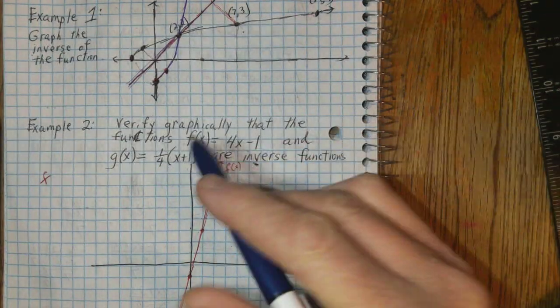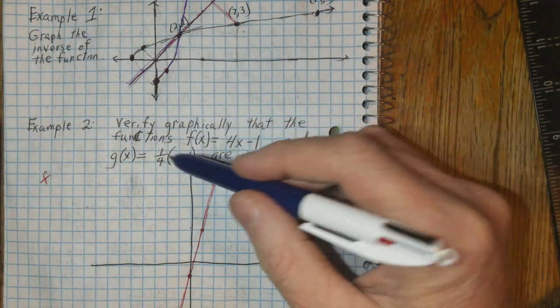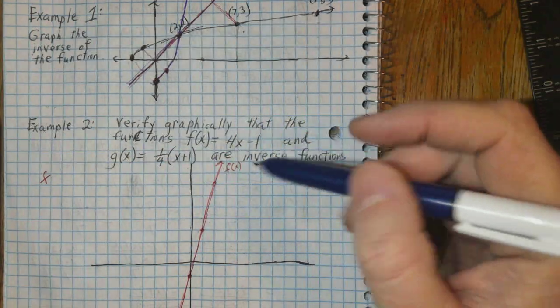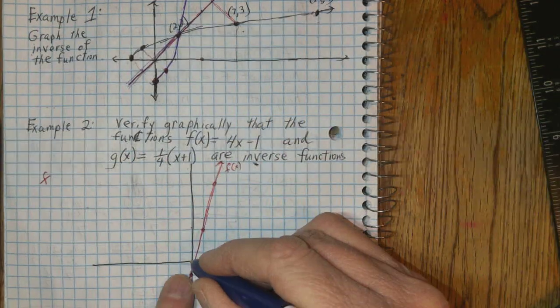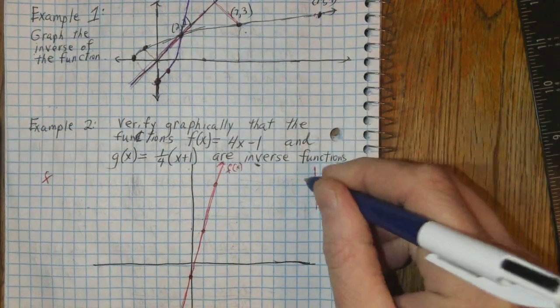Okay. Now g of x. We're going to try to verify that graphically. G of x equals 1/4 x plus 1. So I'm going to just kind of informally use a table here.